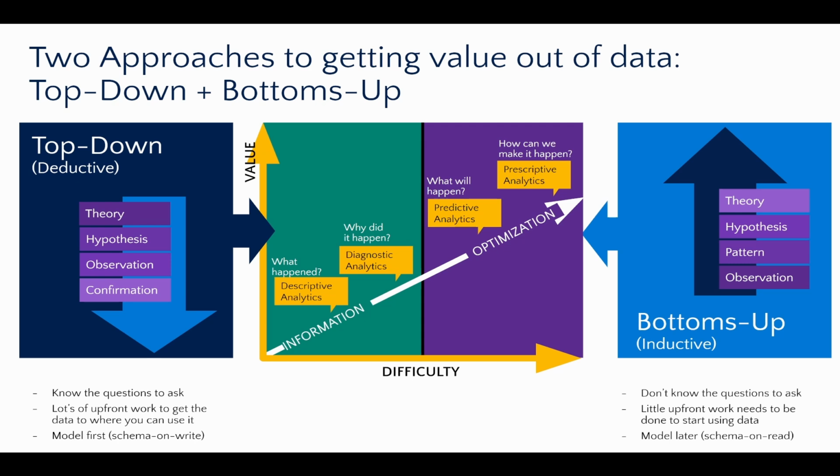We don't know what to ask. We want to look and see what kind of insight the data can provide by itself. The top-down approach is the one that is used in traditional relational data warehouse. The bottoms-up is the more modern, and it is used in systems like data lake and lakehouse.